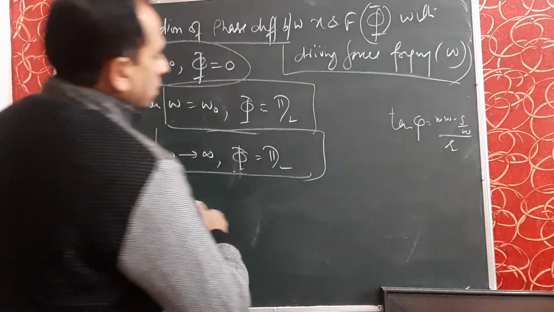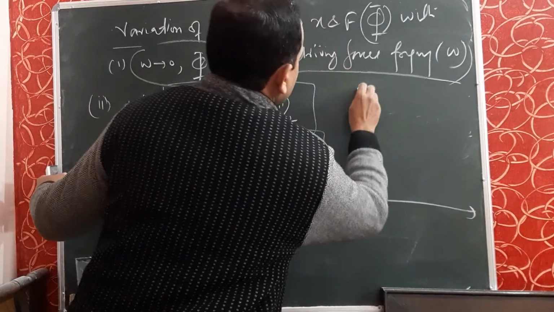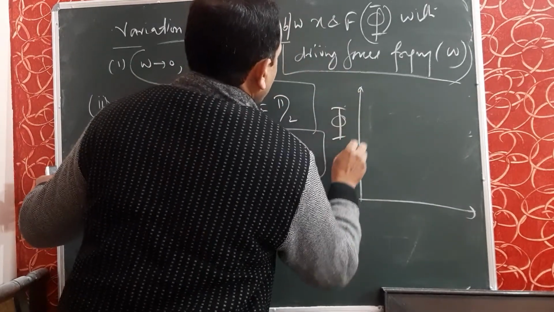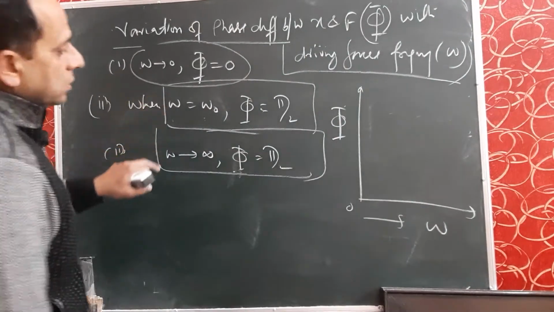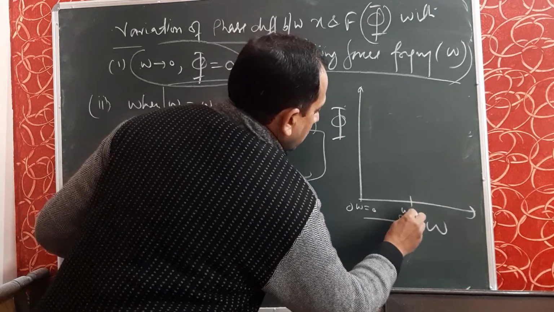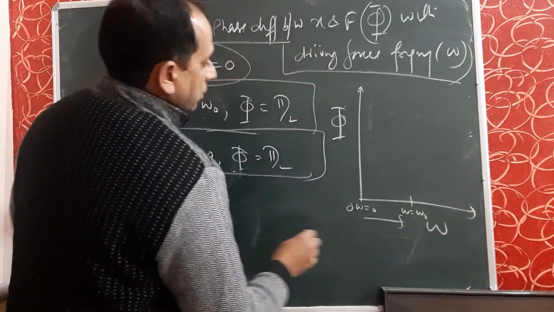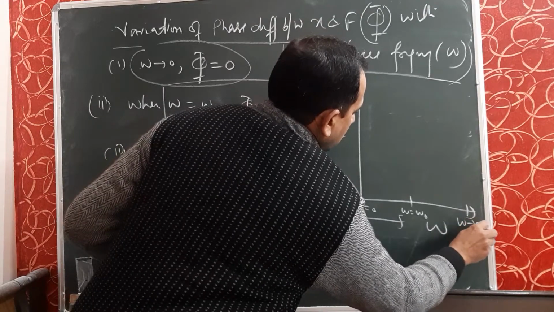So we will plot the graph between capital phi and omega. Omega has three values. Omega is 0; at the center, omega is omega naught; and at a high value, omega tends to infinity.